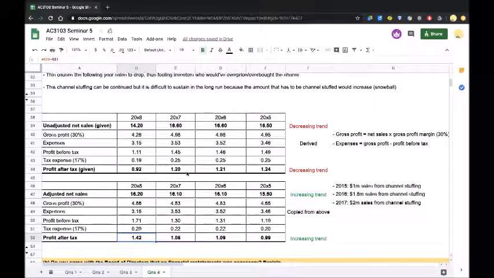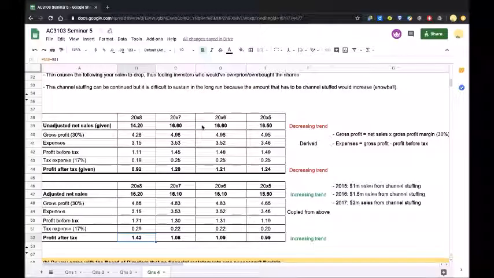The table on top is the unadjusted figures. The unadjusted net sales and profit after tax are given in the question, and gross profit margin is 30%. So by using net sales times 30%, we get the gross profit figures for each year.